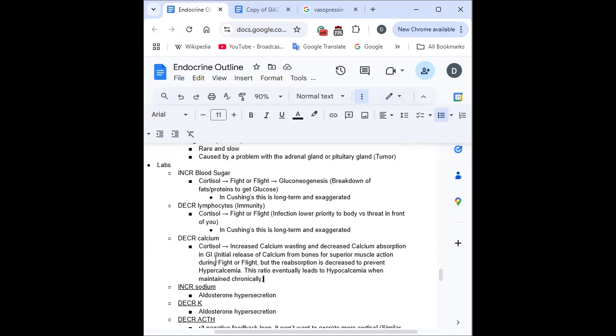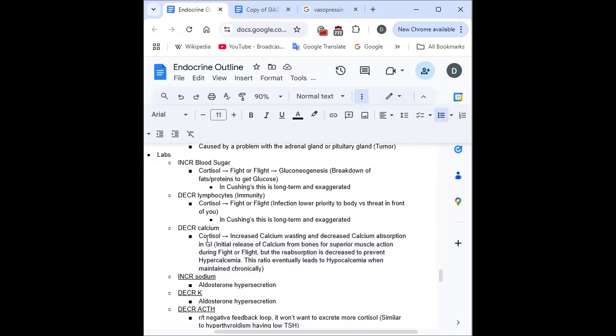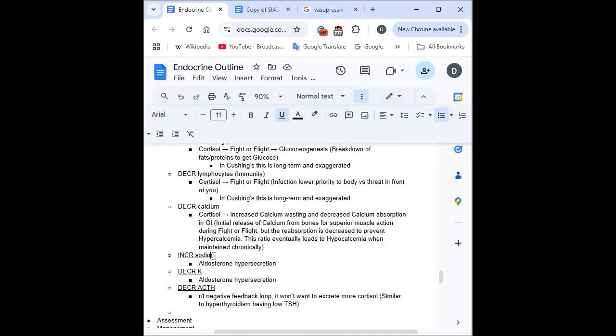If it confuses you, don't worry about it, because this probably will confuse you. It's kind of super extra, but decreased calcium, so you're gonna have potential bone pain, pathological fractures, increased sodium, and decreased potassium.